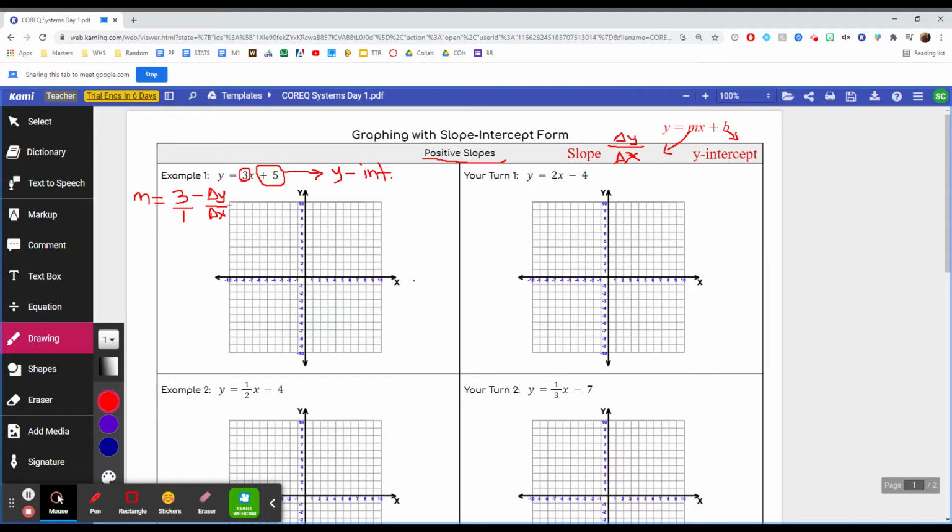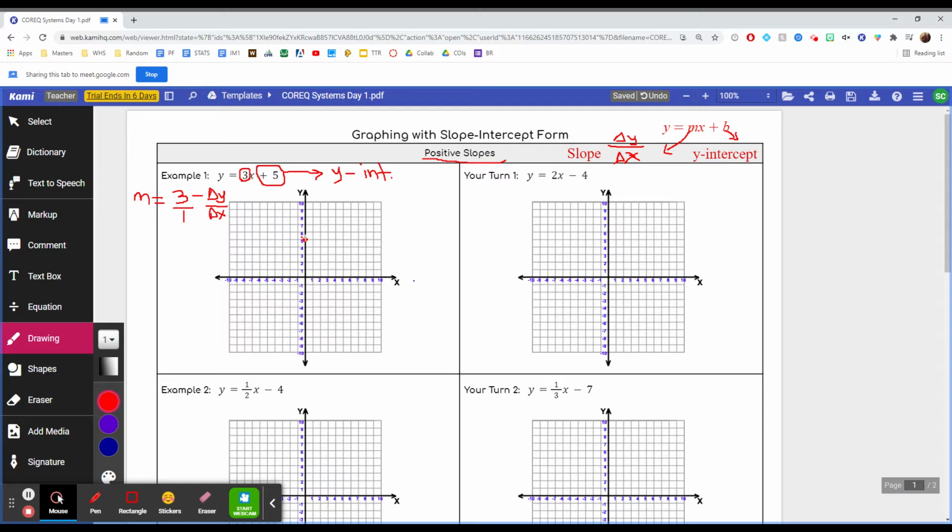Okay, so now let's go ahead and start graphing. We'll go to the y-intercept. That's what we always begin with, and the y-intercept is 5. So I'm going to go to 5, counting 1, 2, 3, 4, 5 on the y-axis, and make my point there, which is the first point that the line is going to go through.